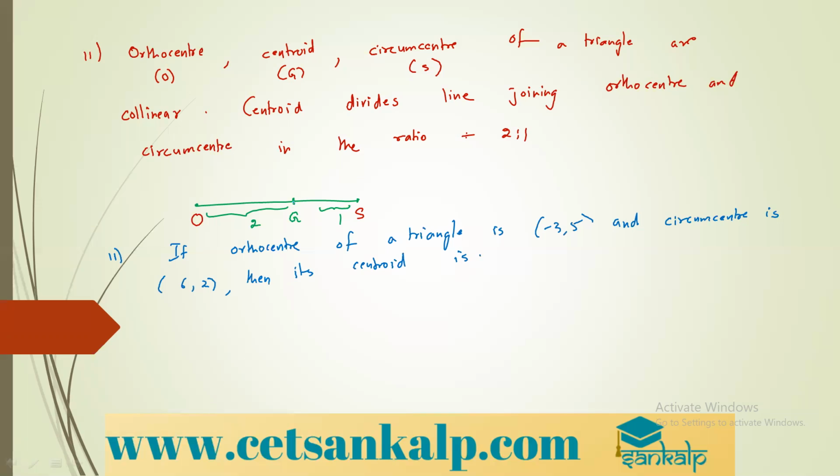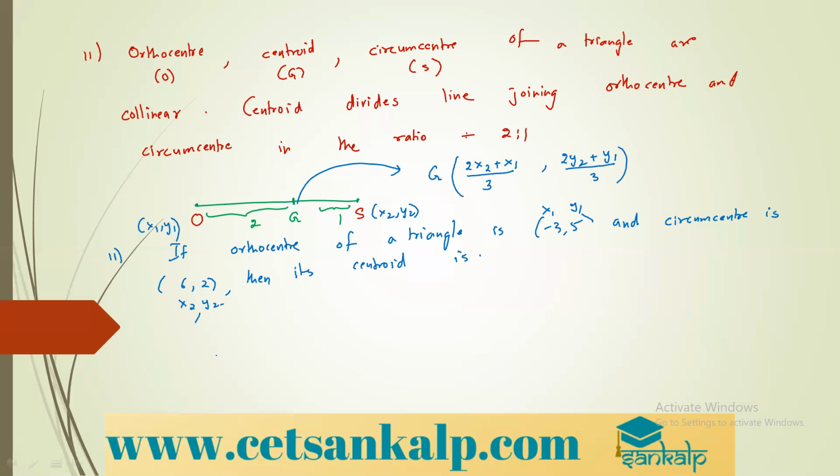To find the centroid, if the orthocenter is taken as x1, y1 and the circumcenter is taken as x2, y2, then for the centroid the formula will be (2 into x2 plus 1 into x1) by (2 plus 1), that is 3, and (2 into y2 plus 1 into y1) by (2 plus 1), that is 3.